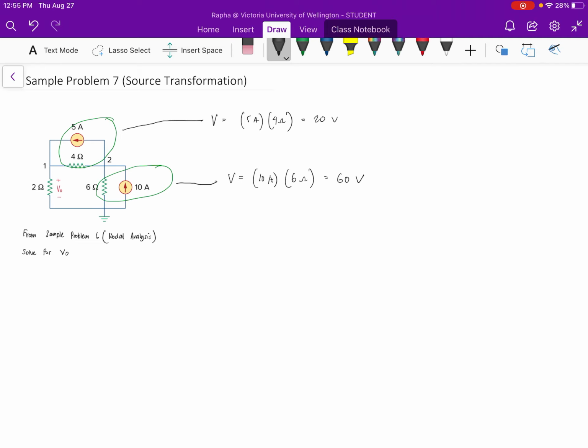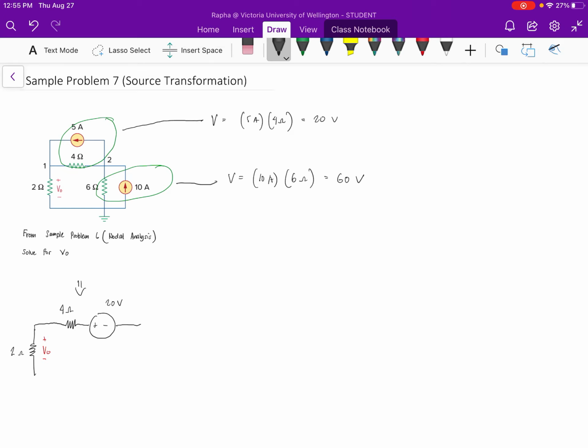So what it's going to look like is we can redraw the circuit in this way. We have 2 ohms and our VO remains here. Then we draw the same resistor, which is 4 ohms, and replace the current source with a voltage source in series to it, equal to 20 volts.